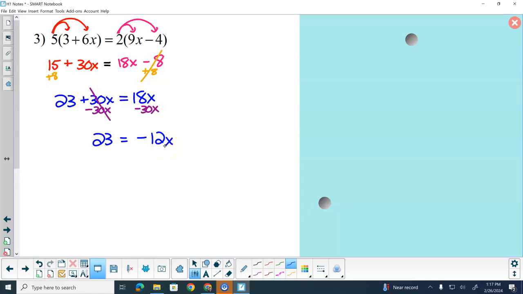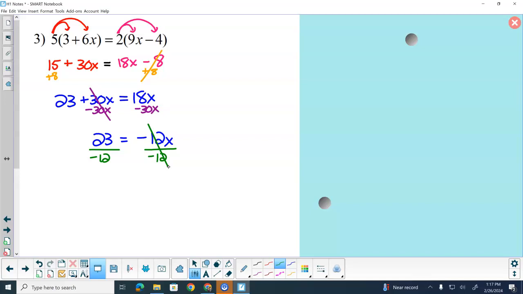Now here, what are we doing? Divide both sides by negative 12. Whatever number is with your variable. Do they remember what we call that number with a variable? It's a C word.